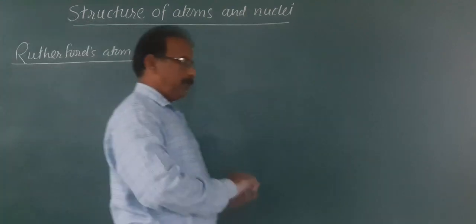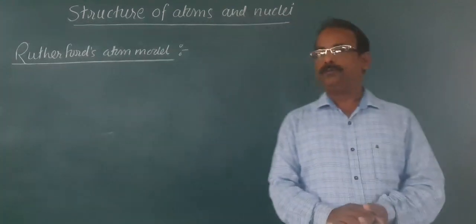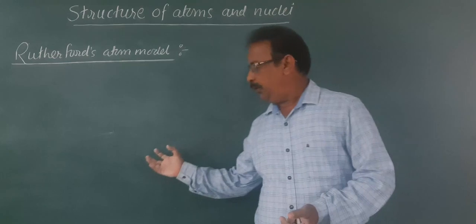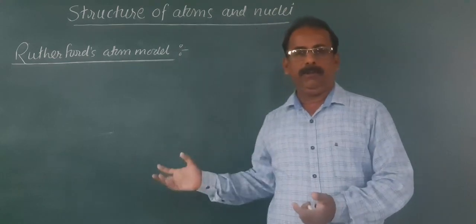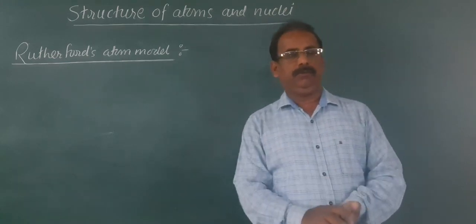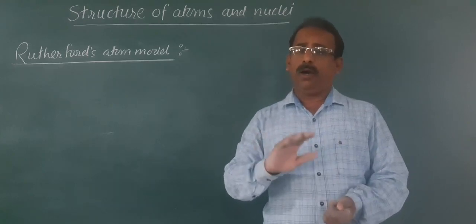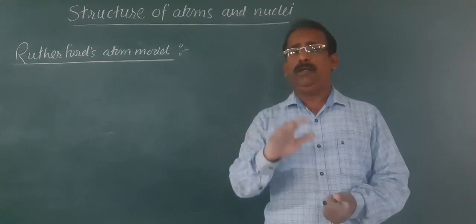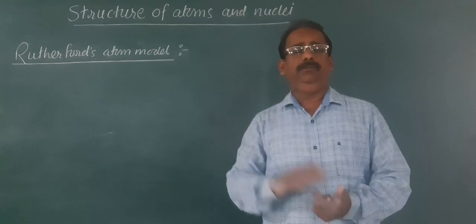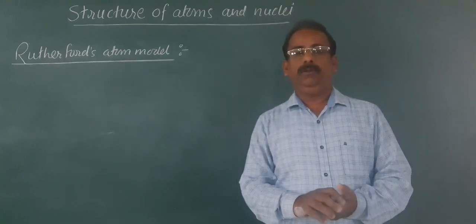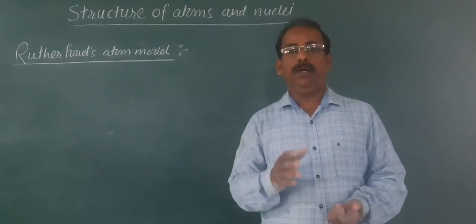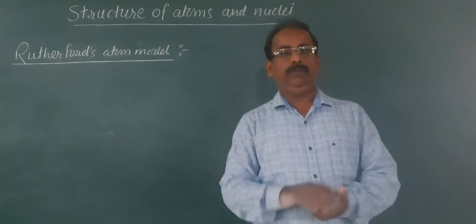How is this Rutherford's atom model? In the Geiger-Marsden experiment that we have seen, one observation is that almost all the alpha particles, nearly 99.9%, pass through the metal foil without any deviation.